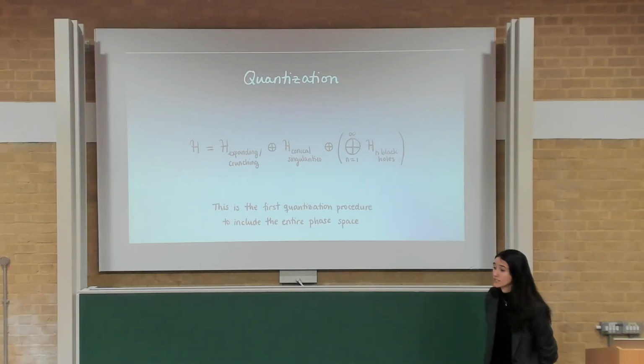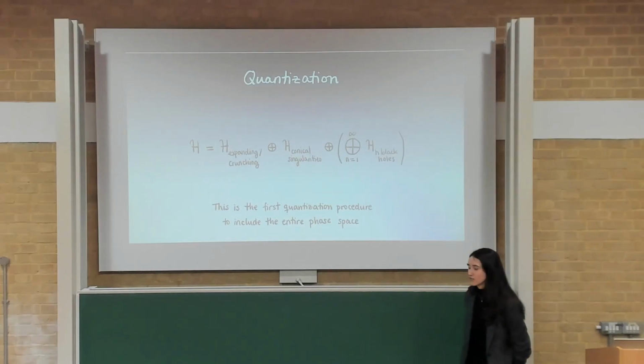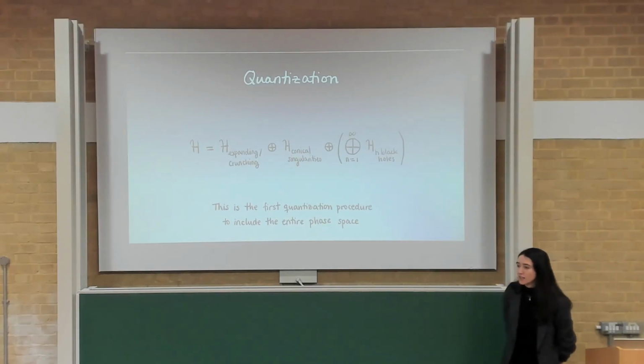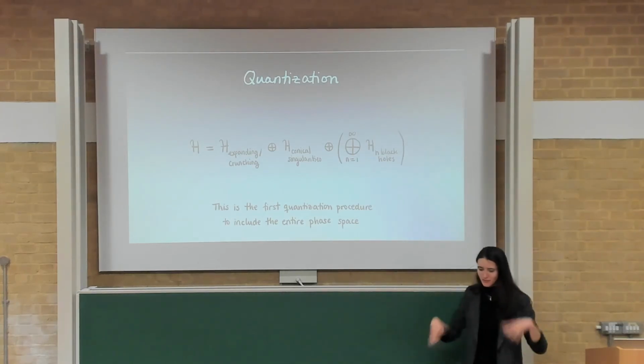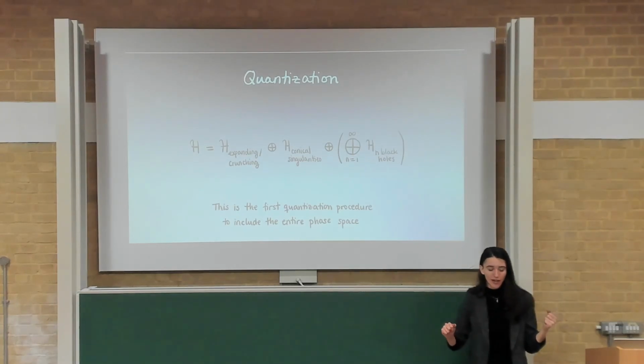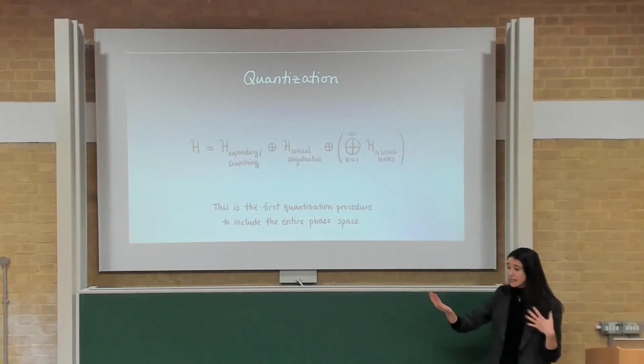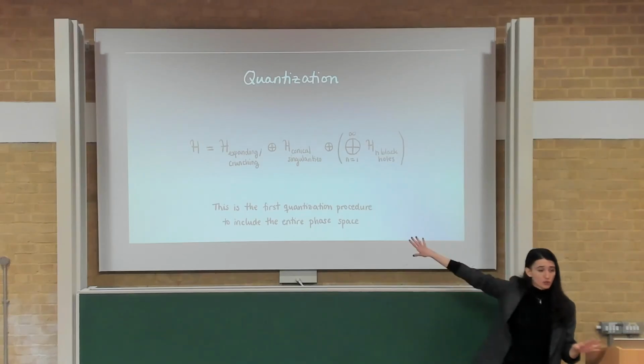So how to quantize? You want a bit of details of this group averaging? Yeah, so the idea is actually, let's see if I can say it. It's kind of intuitive. Let me see if I can explain it in that intuitive way. You start with a kinematic Hilbert space that just is a quantization of the unreduced phase space, like L2 of G tilde.